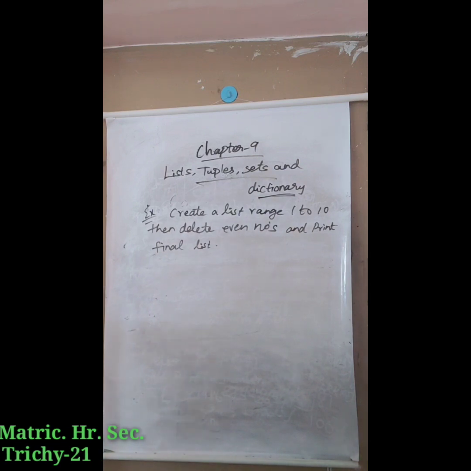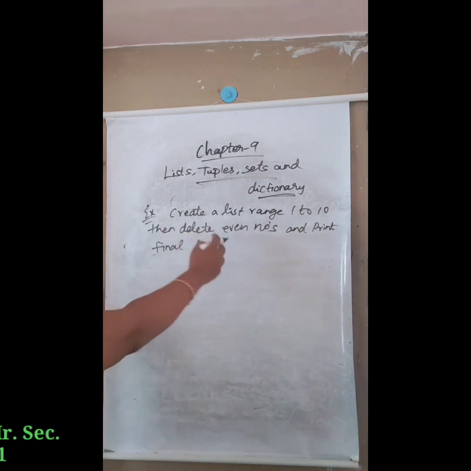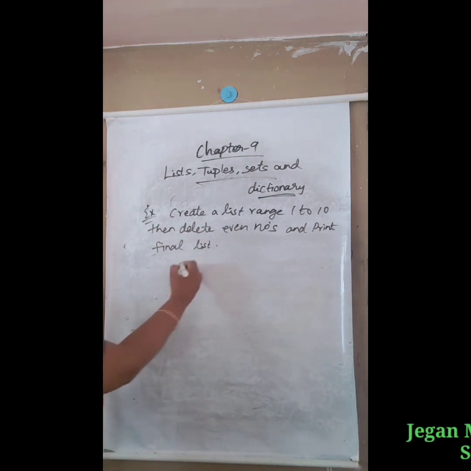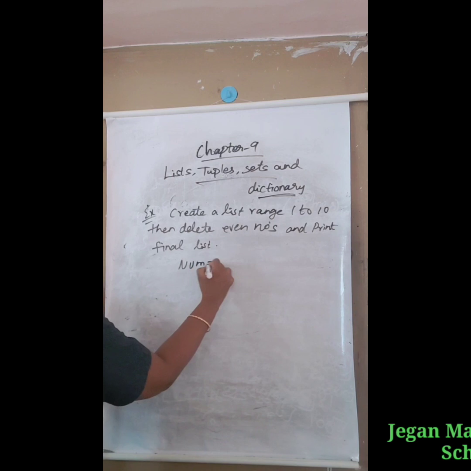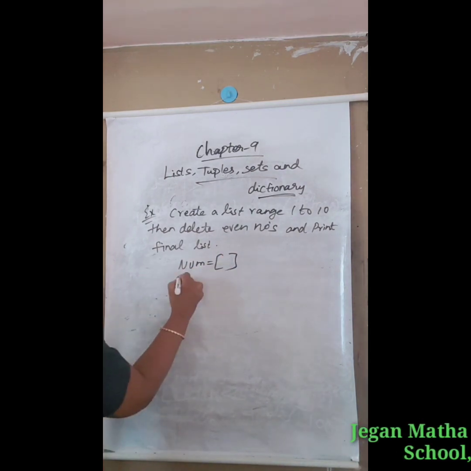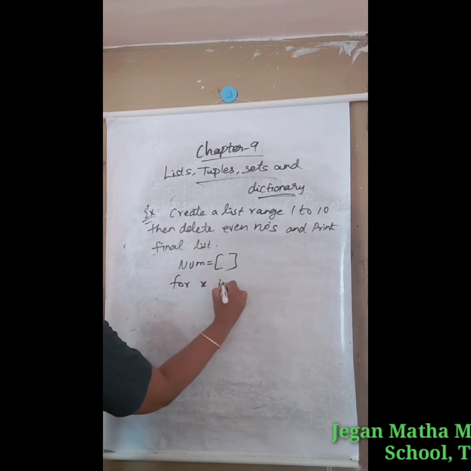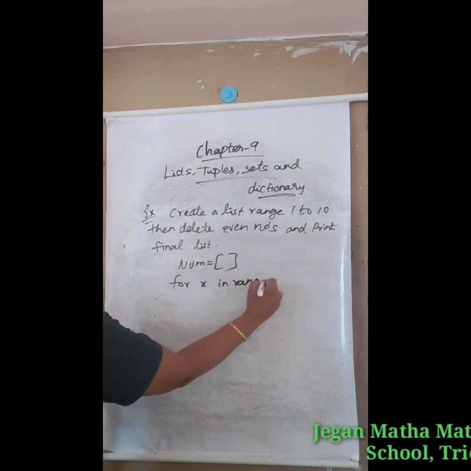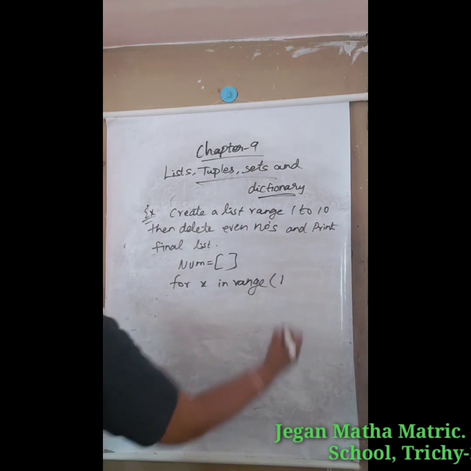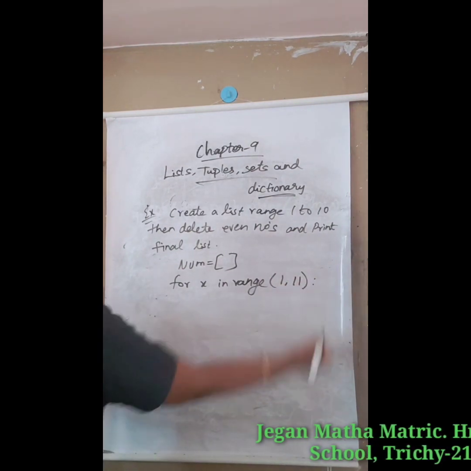The next example is, write a program to create a list of numbers in the range 1 to 10, then delete even numbers from the list and print the final list. Now we start with the variable num, an empty list. After that we use for x in range, where the range is 1 to 10, so here we give 1 to 11.